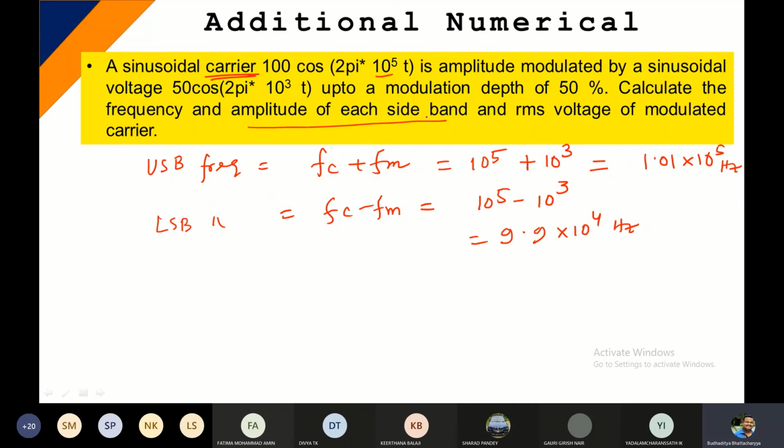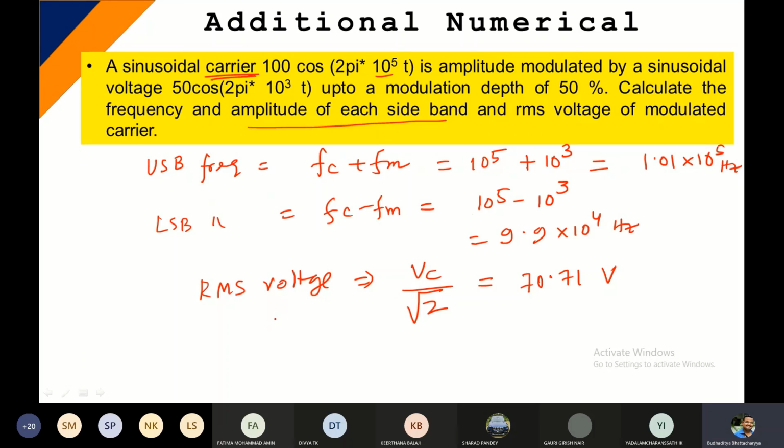Now coming to the RMS voltage. The RMS part we can calculate using the formula that we already know; we had done this previously. RMS voltage is VC by square root 2. So the RMS voltage of the carrier itself, only the carrier, will be around 70.71 volts.